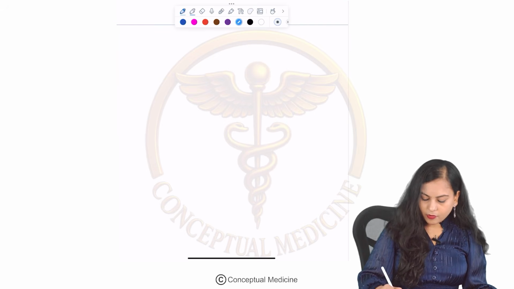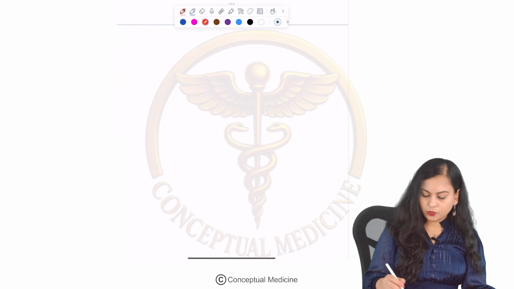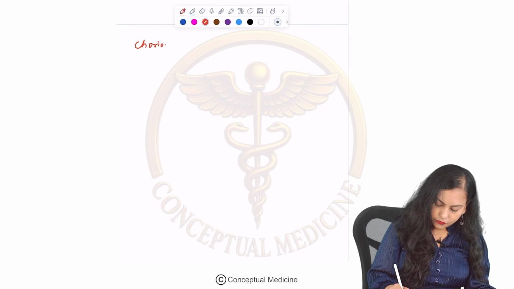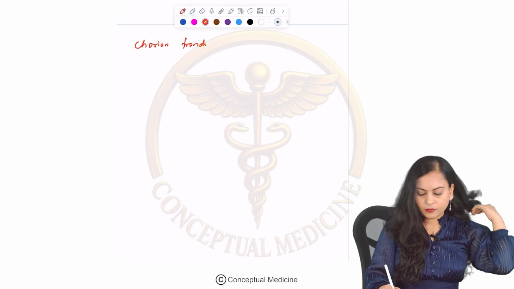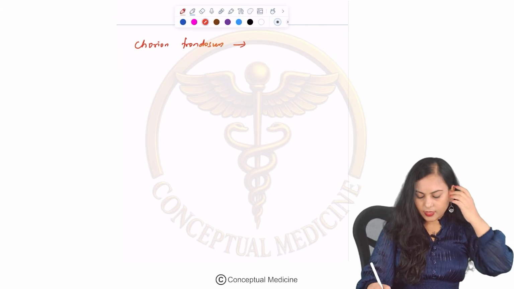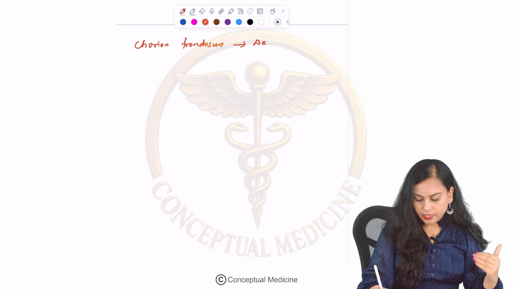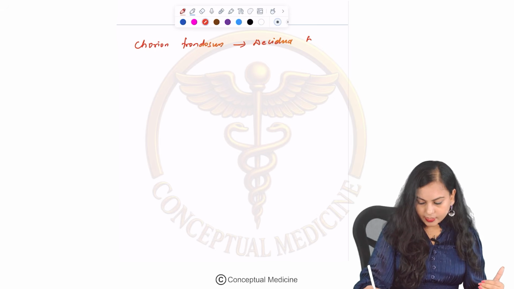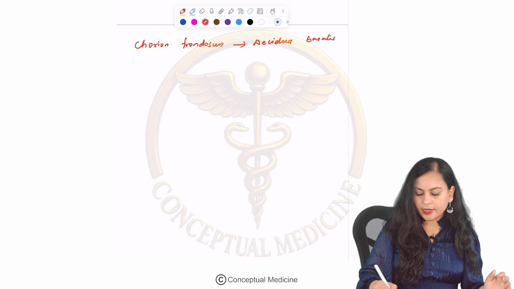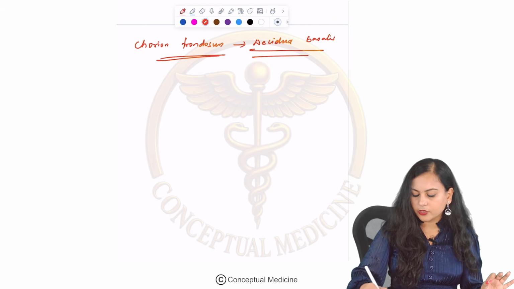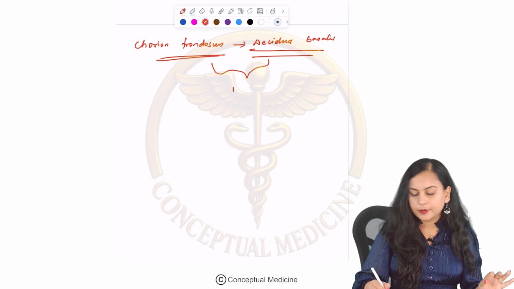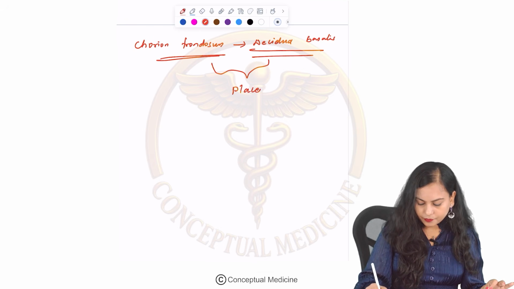Similarly, you have parts of the chorion also. The chorion frondosum is attached with the decidua basalis, and this chorion frondosum and decidua basalis are the only parts that develop into the placenta.